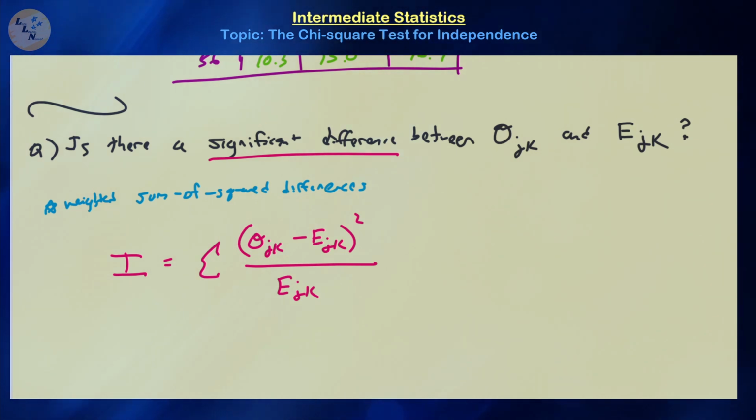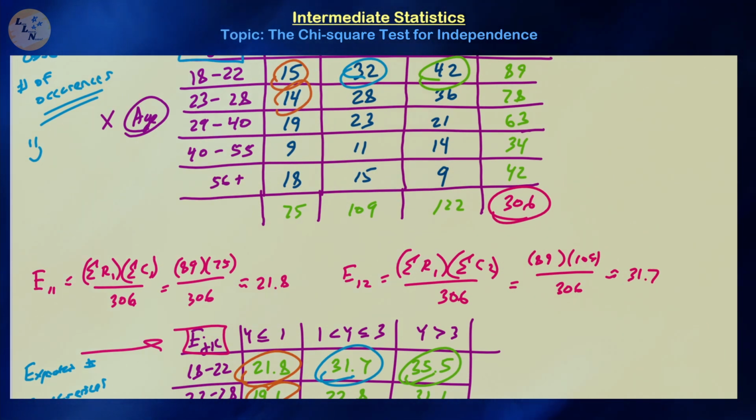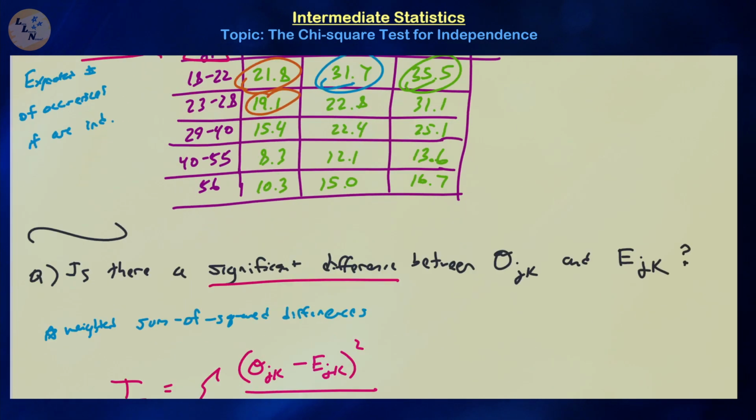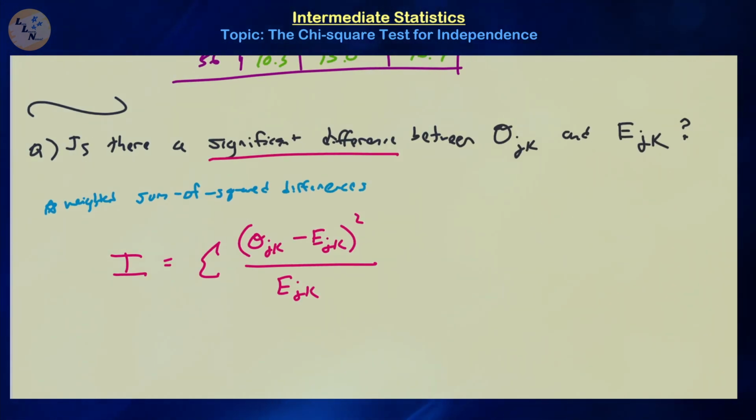So if you do, for example, (15 minus 21.8) squared divided by 21.8 plus, you do the same for all of the other cells, you're going to find that that's going to be approximately equal to 16.502.